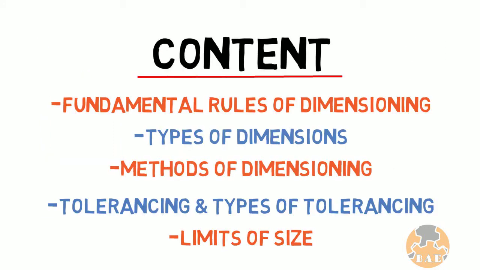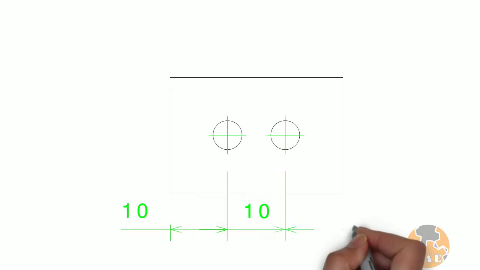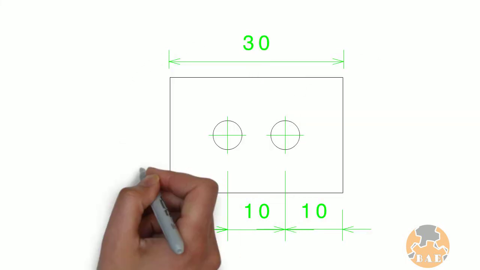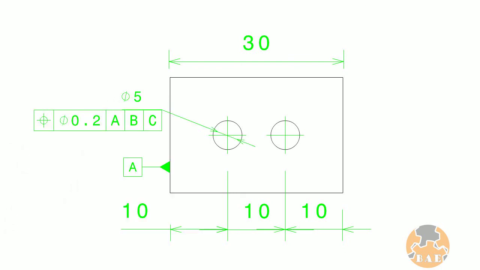Our next point is types of dimensions. Consider a rectangular plate with two holes on it. Here this dimension is 10 mm, 10 mm and 10 mm, and its overall dimension is 30 mm. This is datum A and it's a feature control frame with 0.2 tolerance. If we add all these dimensions, it will be 30 mm only.